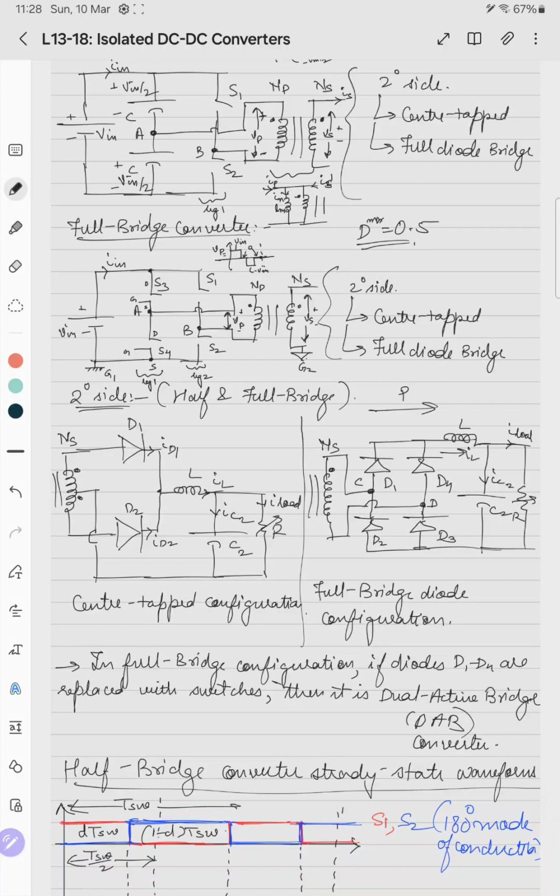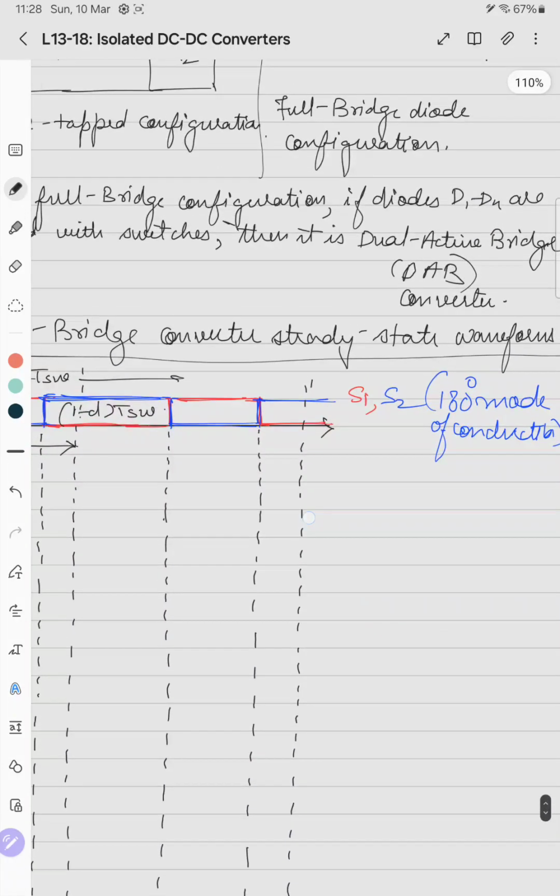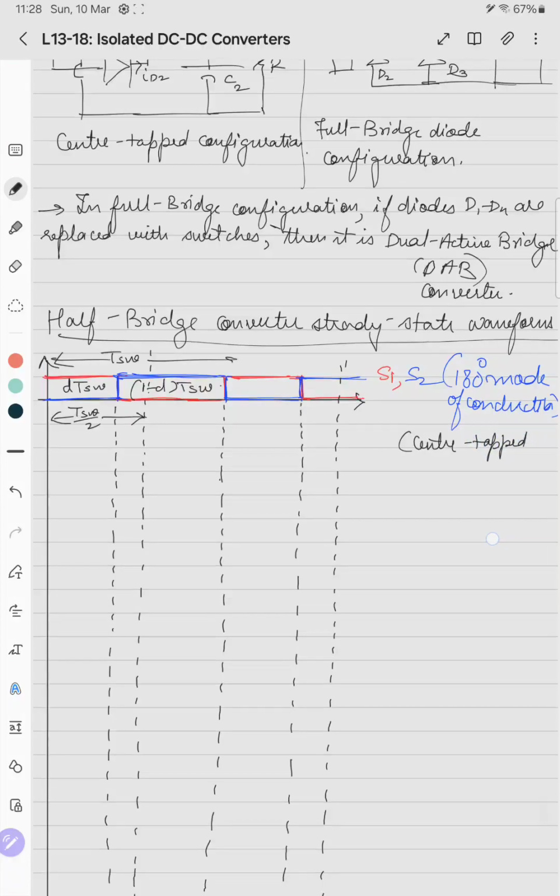When S1 is on, the voltage across it is 0 and the current through it is, we'll assume this configuration. Assume that it is a center tapped secondary configuration.